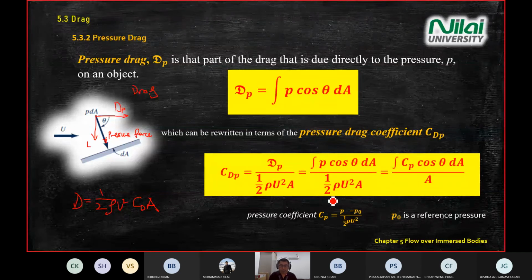You need to copy this equation somewhere under question 24 to remind you: the pressure coefficient Cp equals P minus P0 divided by dynamic pressure. P0 is the reference pressure.